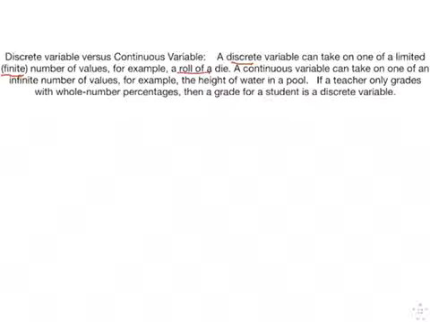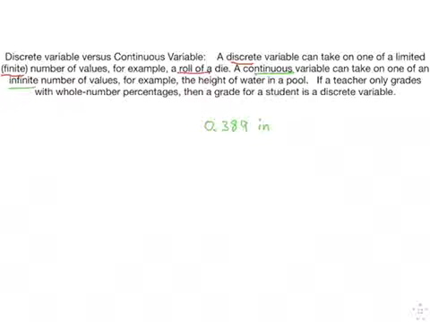In contrast, a continuous variable can take on any one of an infinite set of values. For example, the height of the water in a pool. The height can start at 0, and then it could be a fraction of an inch, say 1/10 of an inch. It could be 1/20th of an inch. It could be 0.389 inches high.